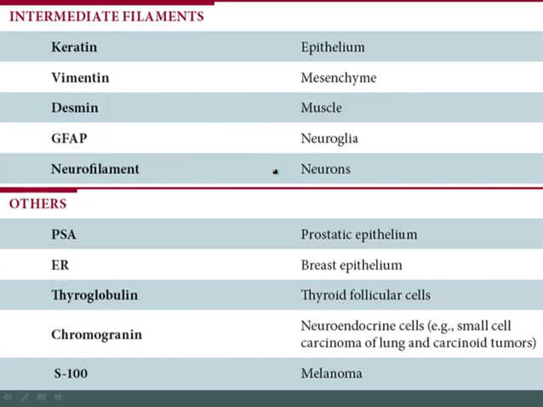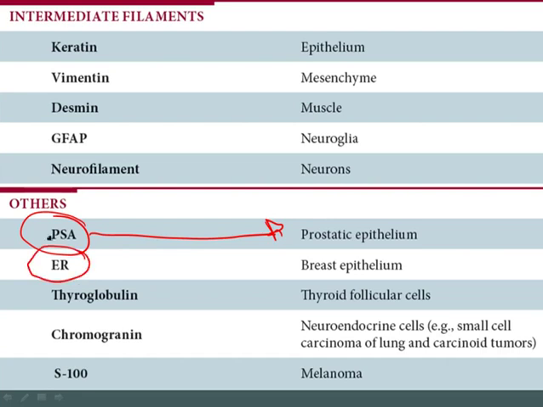Another way that we could play the game is that, let's say we have a tumor, and we know that it's a carcinoma. It's making glands, and we're concerned about whether it might be from the prostate or from another organ. Well, we could do an immunohistochemical stain for PSA, and if the cells are PSA positive, that would suggest that we're dealing with a prostate cancer. Similarly, with breast, if a woman has a metastatic cancer in the lung, and I'm worried about where that tumor came from, one potential way of determining that would be to do an estrogen receptor stain.